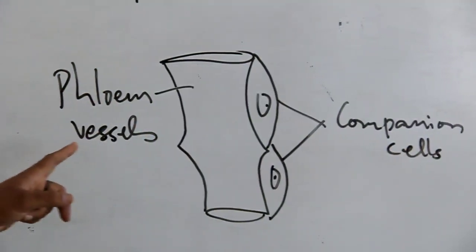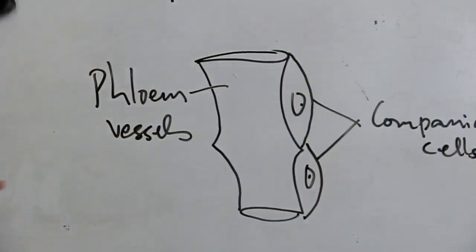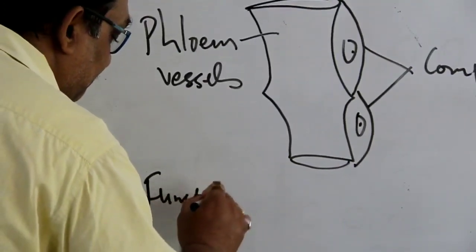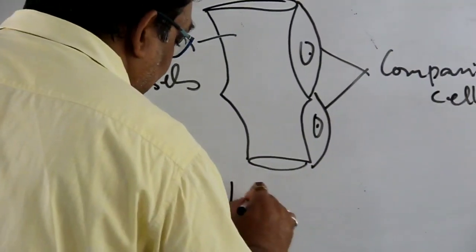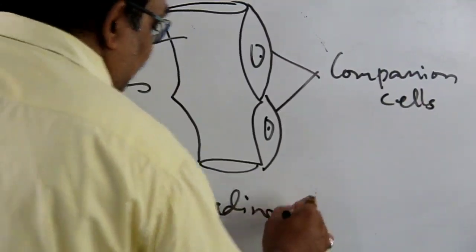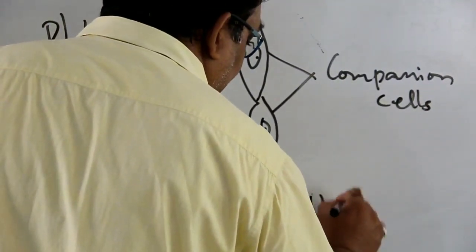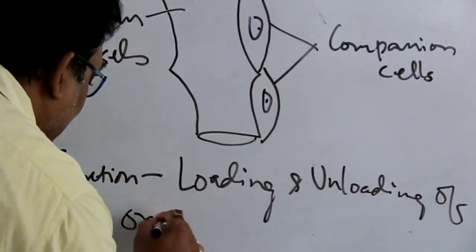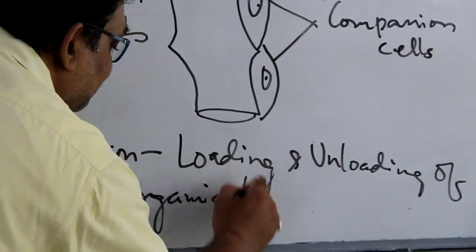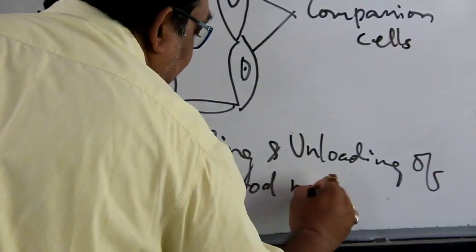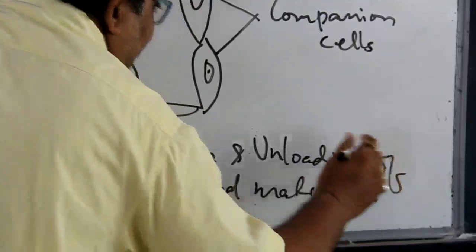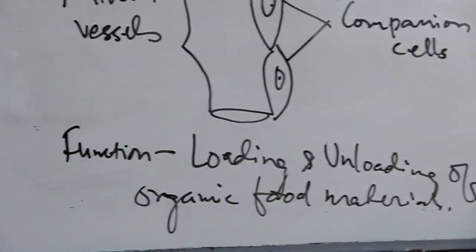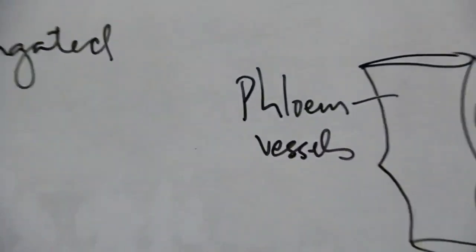It helps sieve tubes in loading and unloading of organic food material. Function: loading and unloading of organic food material. So that was the second part, xylem tracheids and companion cells.